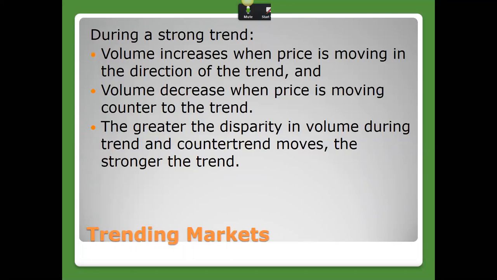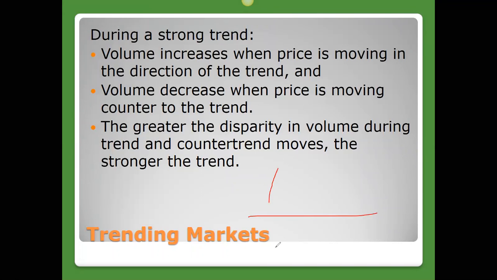When the trend goes sideways, you'll see either neutral volume or decreasing volume. The bars will be shorter each time. The greater the disparity in volume during trend and counter-trend moves, the stronger the trend. So what that means is when the price is going up, we want to see our volume go up at the same time.